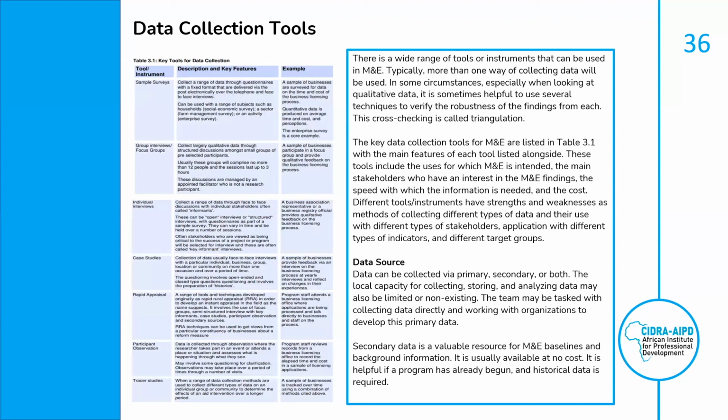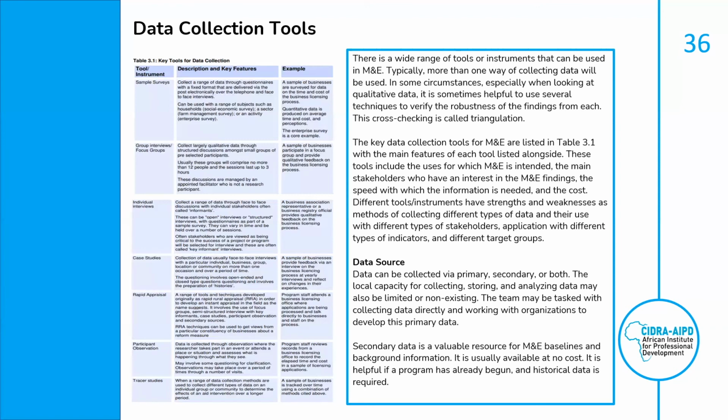Data source. Data can be collected via primary sources, secondary sources, or both. The local capacity for collecting, storing, and analyzing data may also be limited or non-existent. The team may be tasked with collecting data directly and working with organizations to develop this primary data.